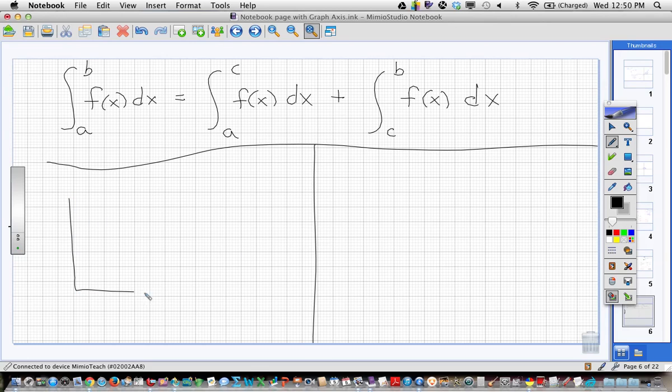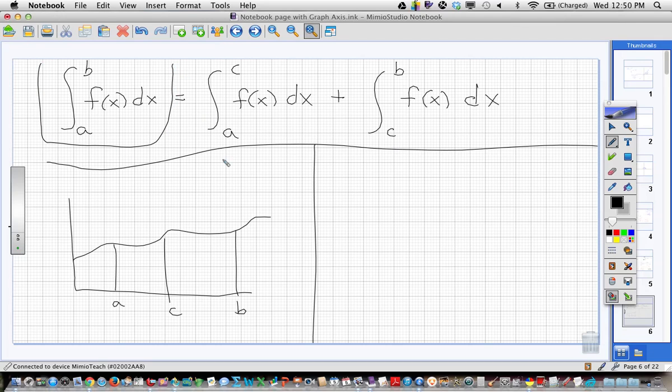We said that was really easy to see when you had a function like this and c is in between them. Okay, so let's use some color here. Let's make this be black. So the area from A to B is going to be black. I know this is hard to do in your notes, unless you've got some colors. Let's let this be red.